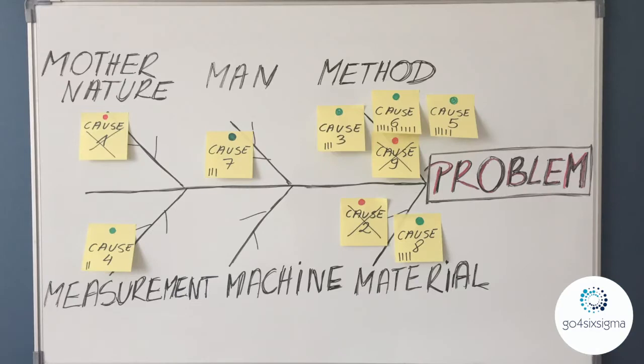So if you have 9 or 10 people, usually you give 3 votes to each person, and you ask the people to mark their votes on the whiteboard. In this way, you can decide together with people what are the root causes that are most important, that have the biggest impact on our problem.